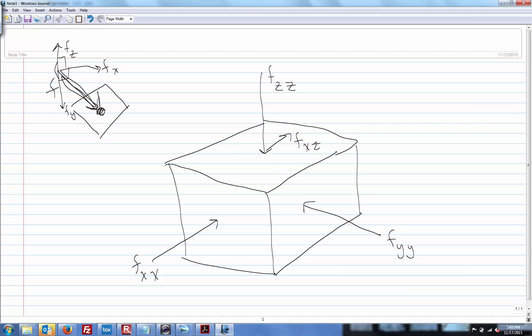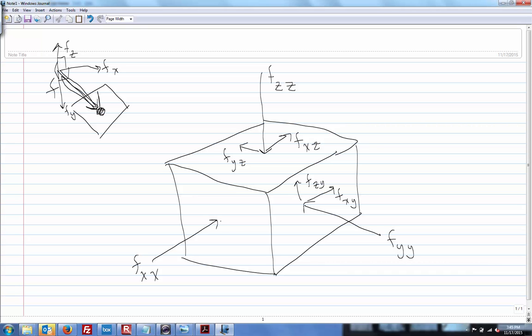You can have a force acting in this direction, so that is a force in the Y direction on the Z surface. You can have another one over here, a force acting in the X direction on the Y surface. You can have one here, a force acting in the Z direction on the Y surface.